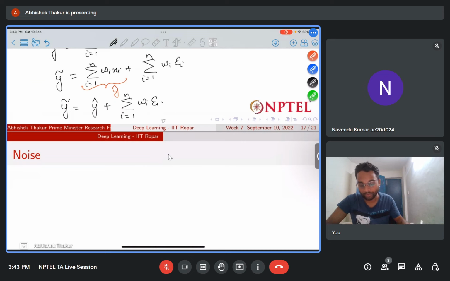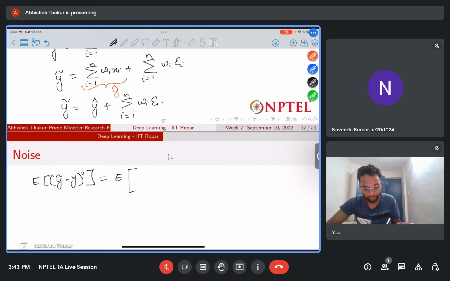So now, what term are we interested in? We are interested in the mean square value. So we have to find the mean square error value, this term. Okay, this is equal to the expectation of y tilde, that is y hat plus the summation from i equal to 1 to n of wi ei, minus y, whole square.